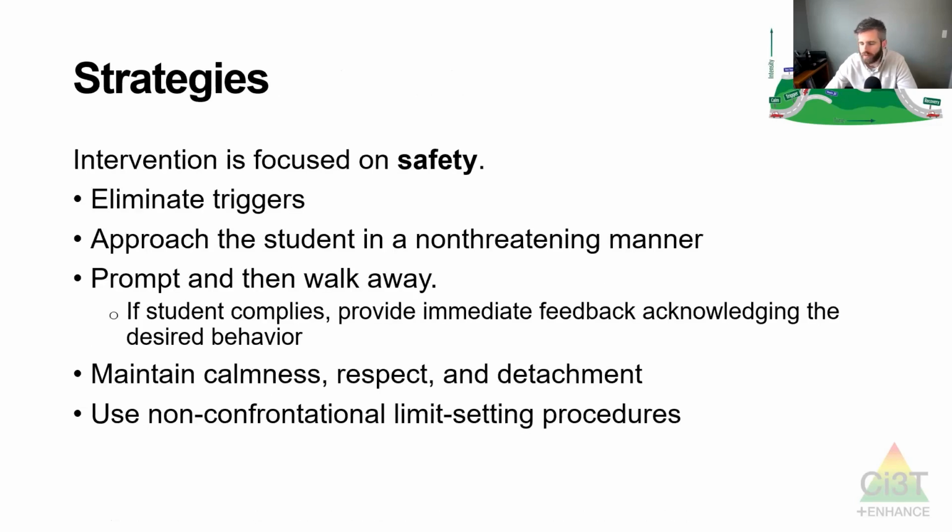So what should we do here? An important first step is, to whatever extent it's reasonable and makes sense, we should try to eliminate triggers. I think the classic example is a peer who feels provoked by another peer. The best thing we can do at this stage, even if the other peer who allegedly provoked the student didn't really do anything, is to interrupt by saying, hey, why don't you move over there?